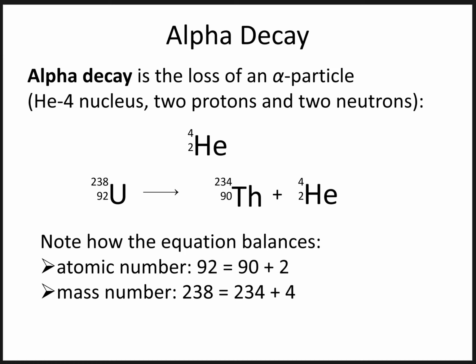Notice that the numbers in the upper left-hand corner, that is uranium-238 on the reactant side, and the 234 from thorium and the 4 from helium also add up to 238. The numbers in the lower left-hand side do the same thing. Uranium is 92 protons, thorium is 90 plus another 2 for the helium particle equals 92. We must still obey the law of conservation of mass when balancing nuclear decay reactions.